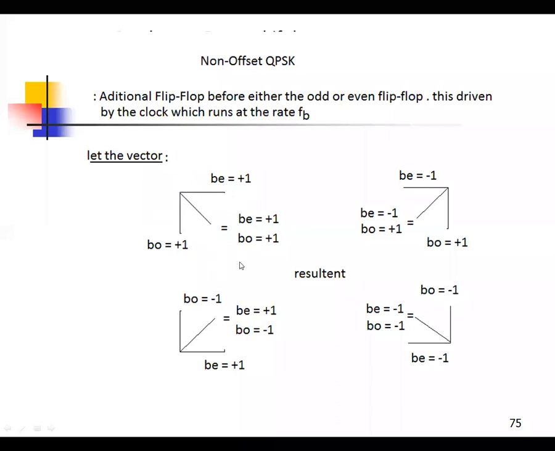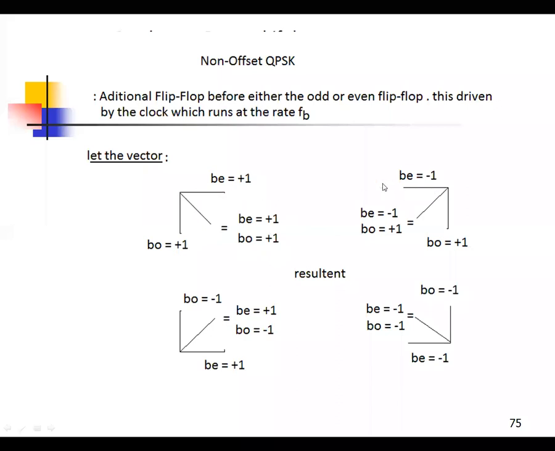So with reference to the previous notation, in QPSK the constellation or phasor diagram has BE and B naught. Now the same notation is used here for non-offset QPSK. There are 2 bits, the even bit and the odd bit. The even bit on the x-axis positive side and the y-axis positive side gives plus plus.